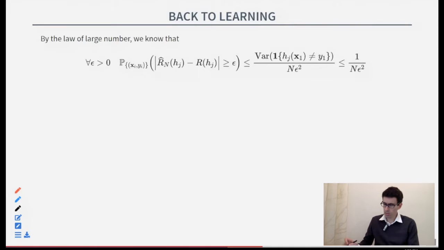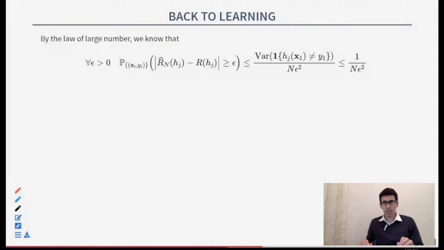So what is it telling us? It's telling us that as n gets large, for a given hypothesis Hj, it's actually quite likely that my empirical risk gives me a good estimate of the true risk of that hypothesis. So that's good news.